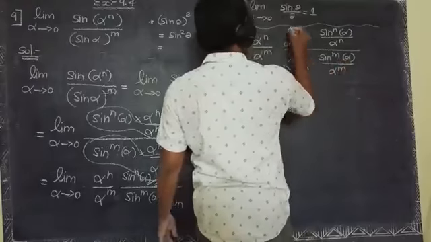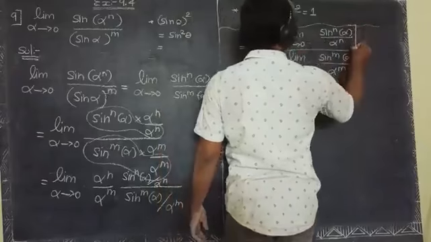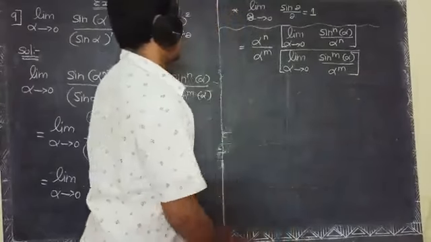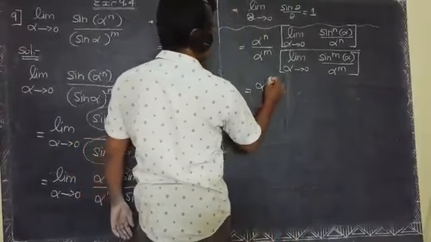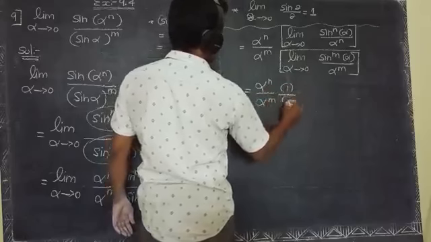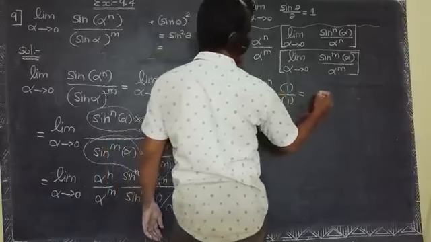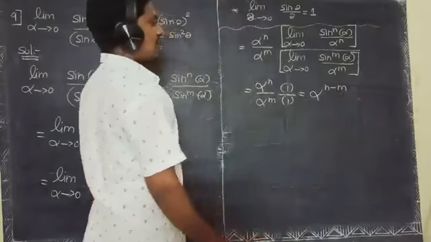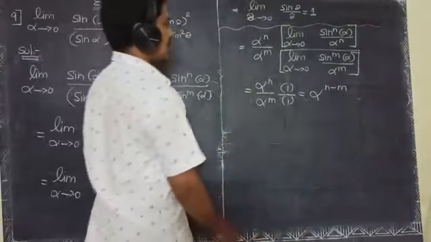The numerator resultant is 1 and the denominator is also 1, so we get alpha power n divided by alpha power m, which can be written as alpha power n minus m.